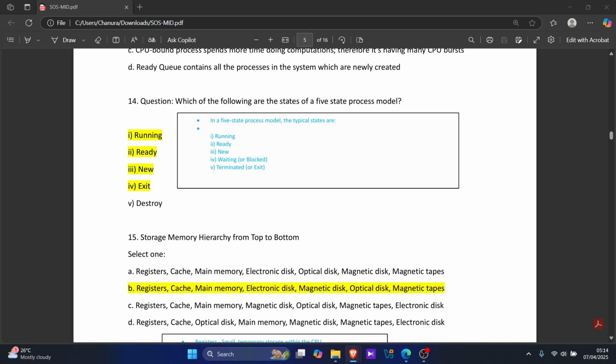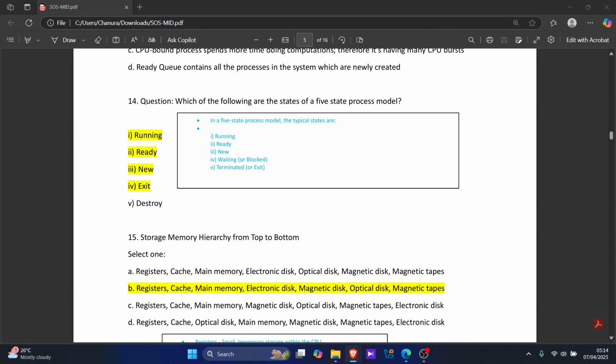Alternatively, maybe the model the user is referring to is a different variation. Let me think. In some models, after a process exits, it goes into a terminated state where it might need to be cleaned up. So maybe exit is the state, and destroy is the action taken to remove it from the system. But in the 5-state model, the states are the ones the process can be in.